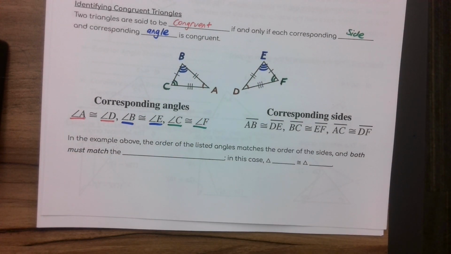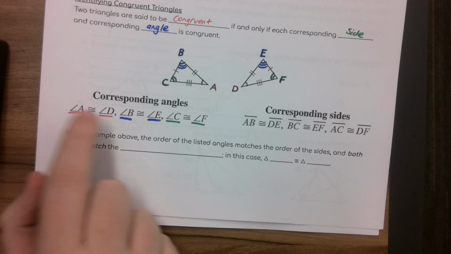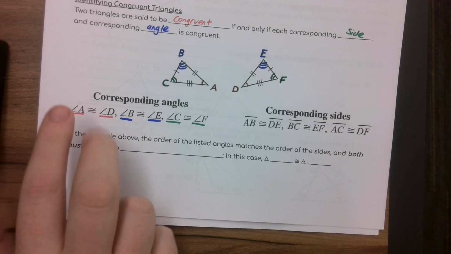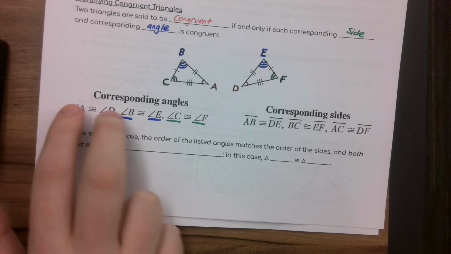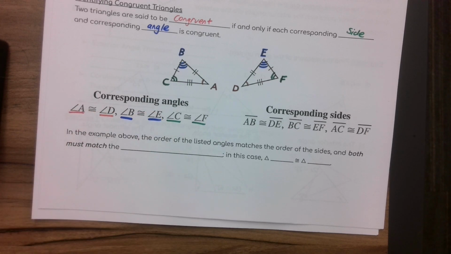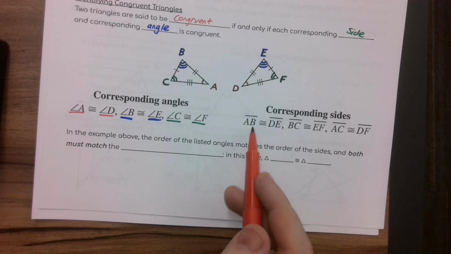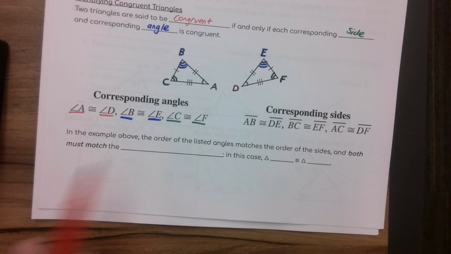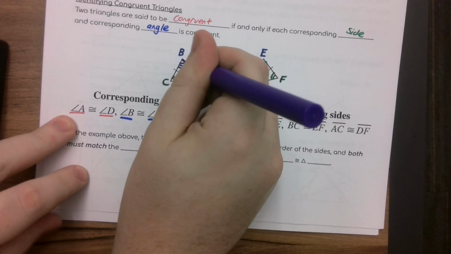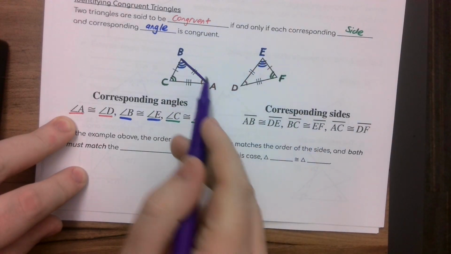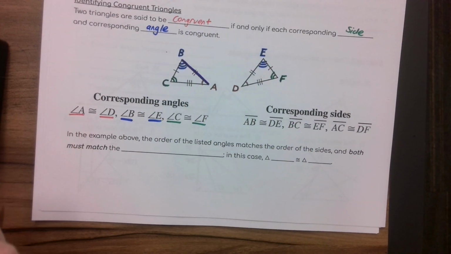Now, here's the kicker though. When you are trying to make a congruence statement, you are stating that something is always going to be congruent to something else. A is always going to be paired with D. B is always going to be paired with E, etc., etc. So look what we did with these corresponding sides. If I asked, what side does side AB correspond to?